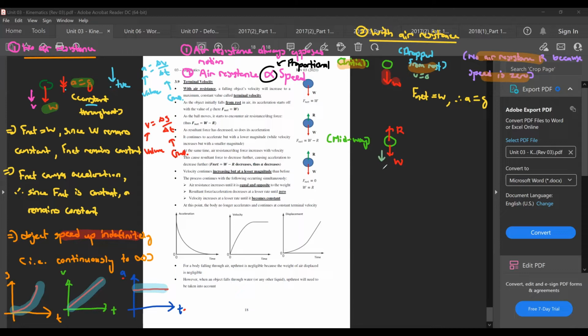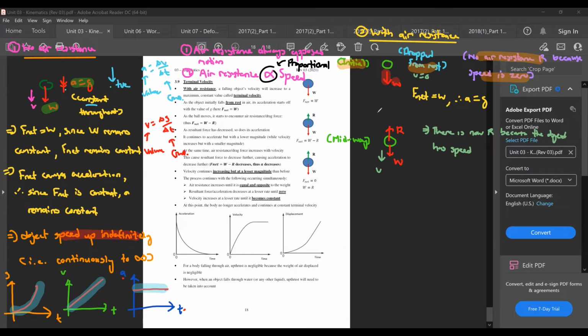But here, at midway of its motion, you have speed now, so you're going to have air resistance. There is now R because the object has speed.